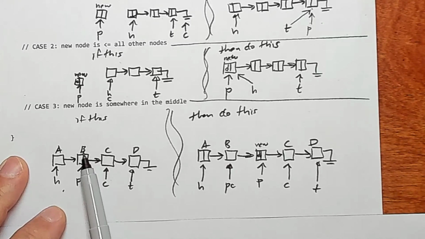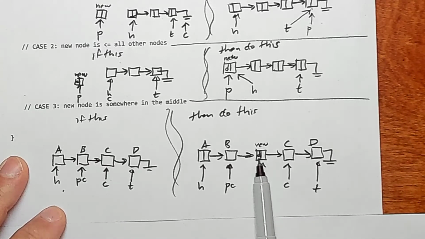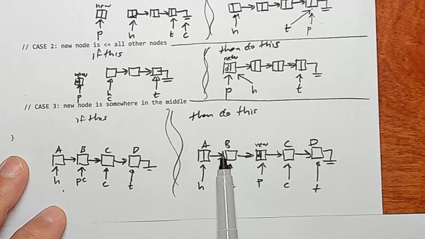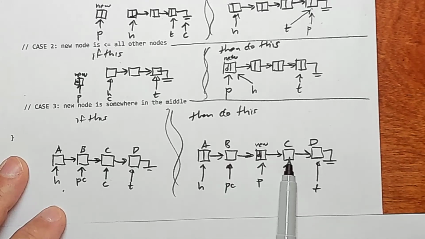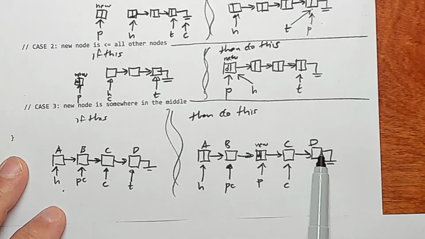And I've labeled these nodes up here with capital letters, A, B, C, D. Basically, you need to put the new node between capital B and capital C, between the cursor and the precursor.